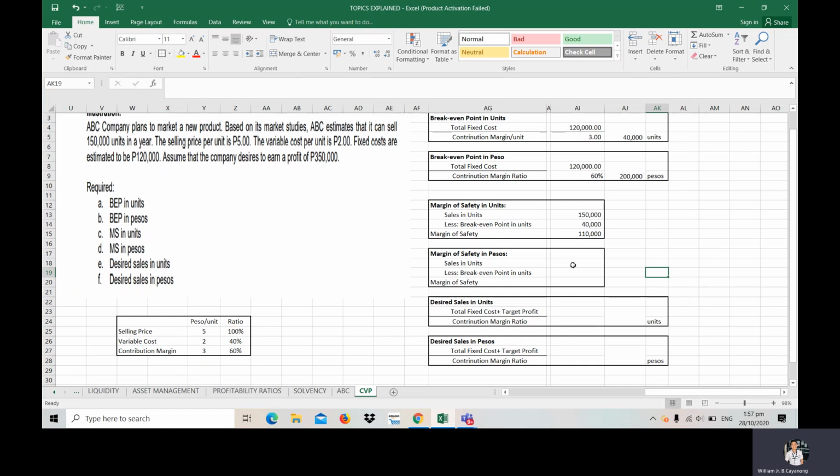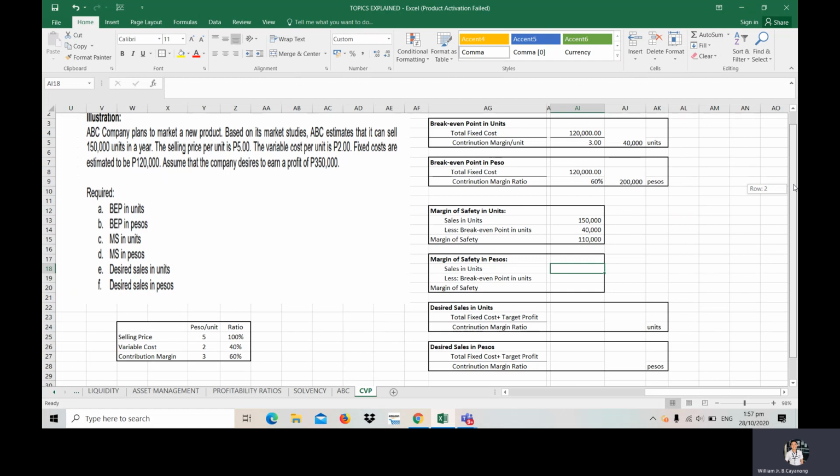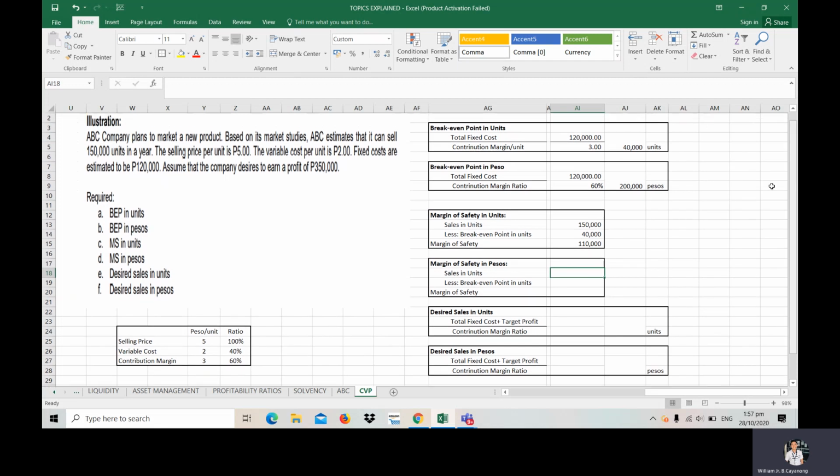How about in pesos? We need to have sales in pesos. Since the sales in pesos were not given in the problem, let's compute it. How many units are produced or expected to be sold? It's 150,000. The selling price was given, so we multiply it by 5 pesos.